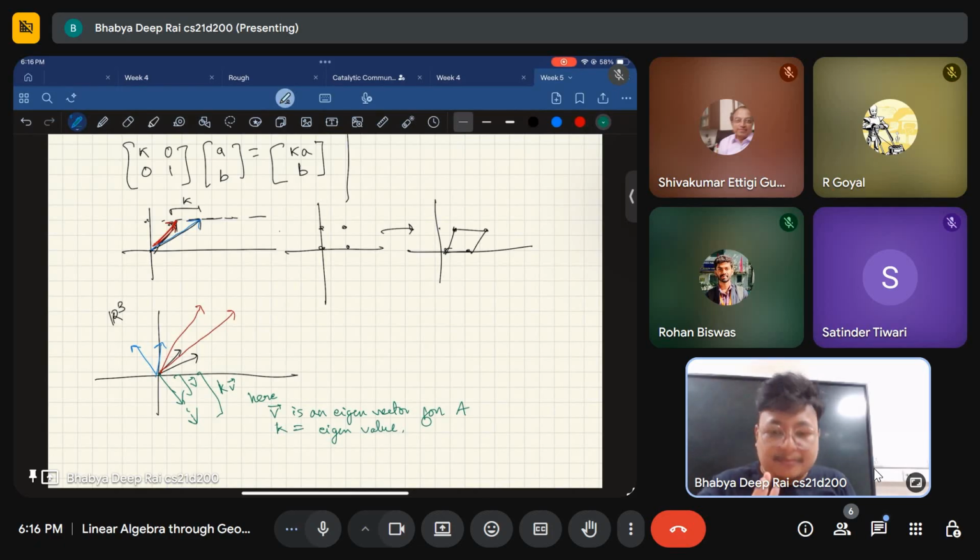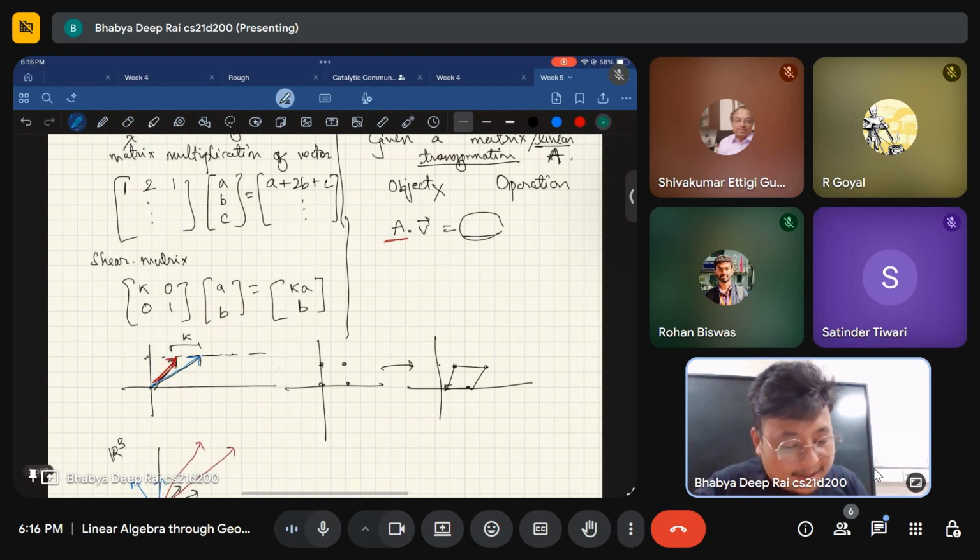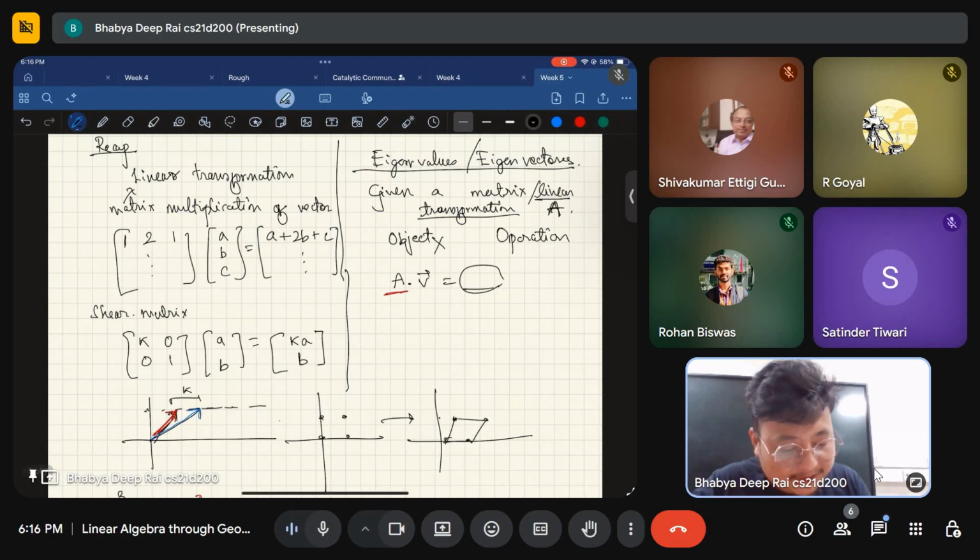There are a limited number of eigenvalues for a particular dimension, but remember, eigenvectors could be infinite. We'll soon see why. But that is the geometric interpretation. So does there exist a v for A?